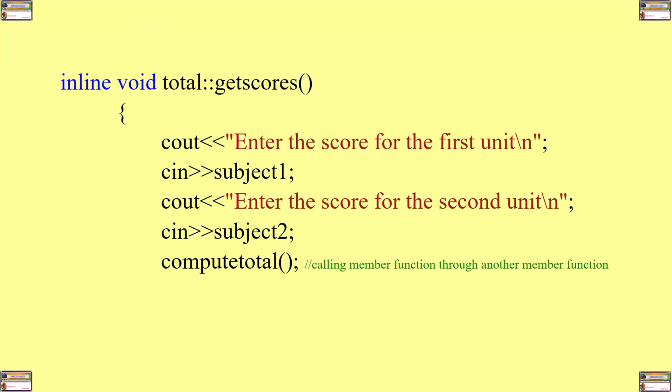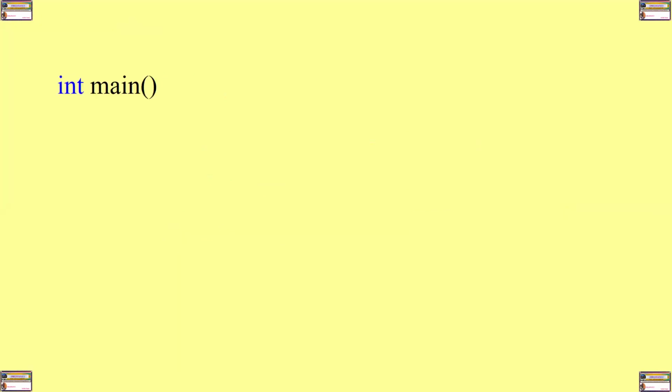You can invoke a function inside another inline function, like we are invoking the method called computeTotal inside the inline function called getScores. So this statement is calling a member function through another member function. That is the end of the definition for the getScores function.